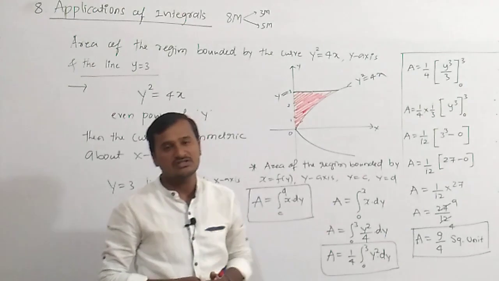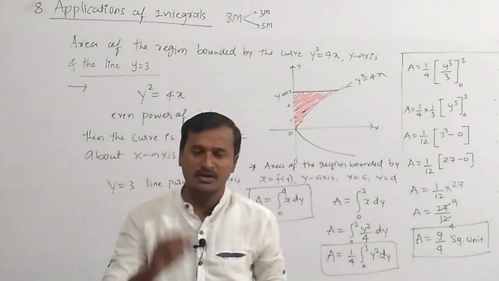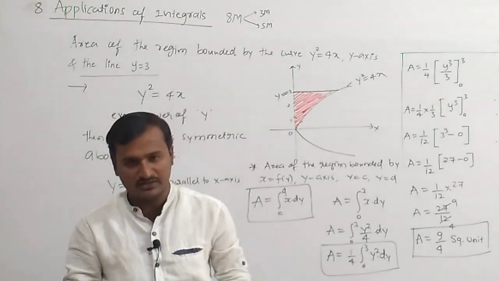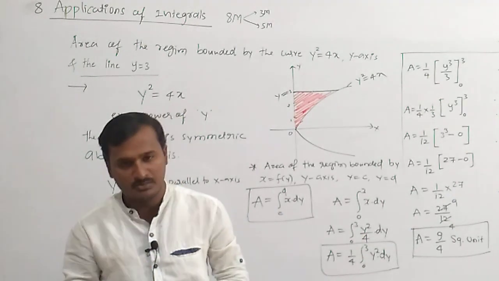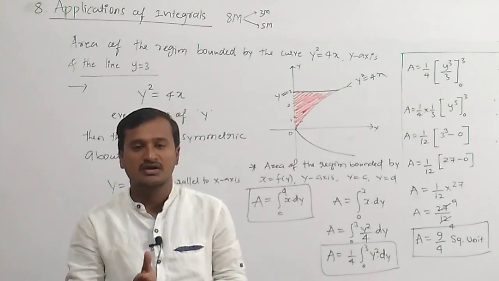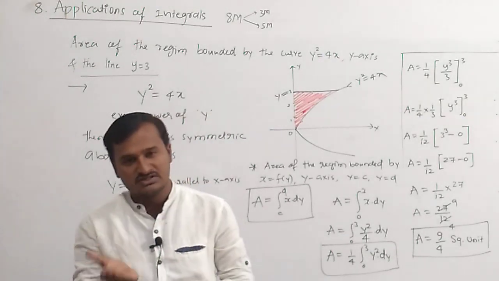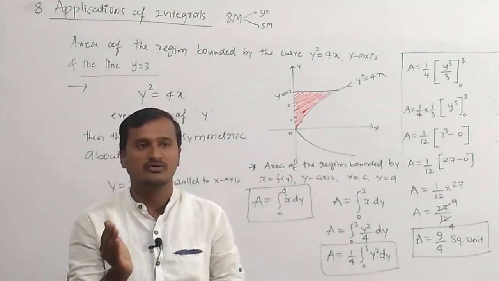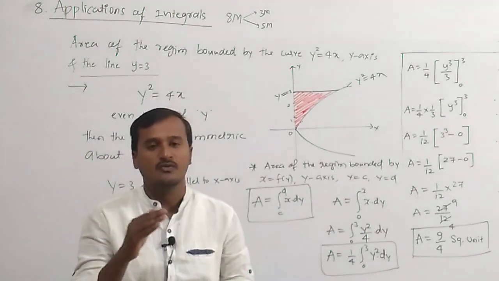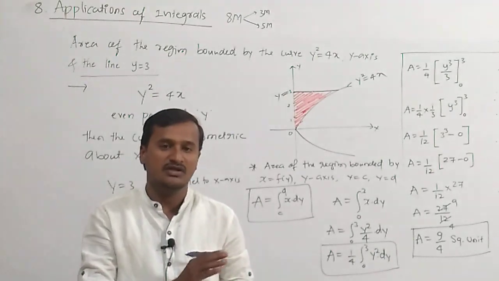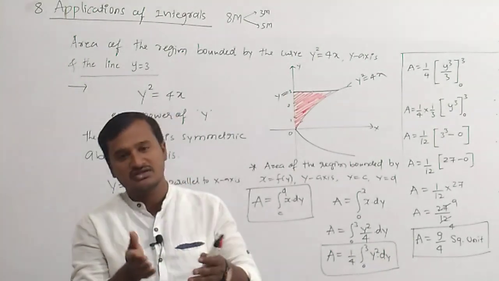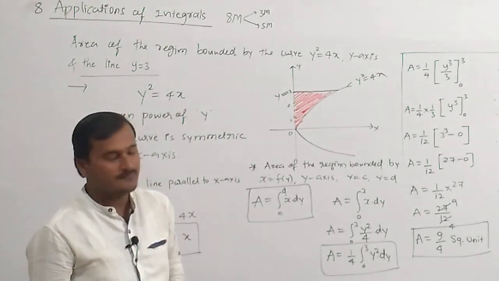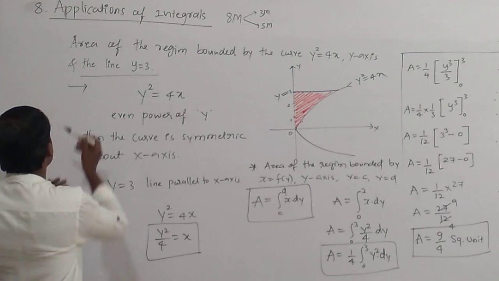To solve such type of problem, first you should see the given curve, whether an even power of x is there or an even power of y is there, and you have to observe whether the area lies on the x-axis or on the y-axis, with the line x equal to a or x equal to b, or y equal to c and y equal to d. Depending on whether the area lies on the x-axis or y-axis, you should apply the formula.